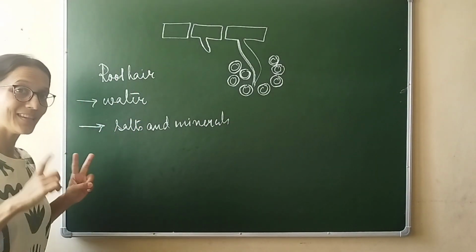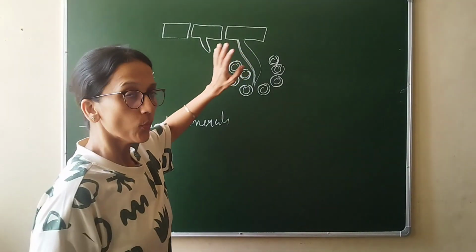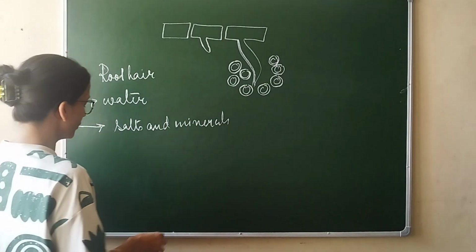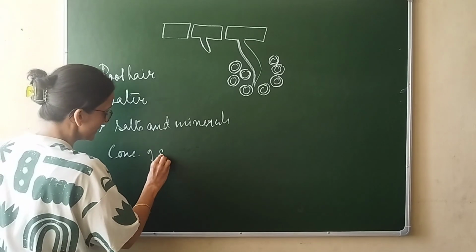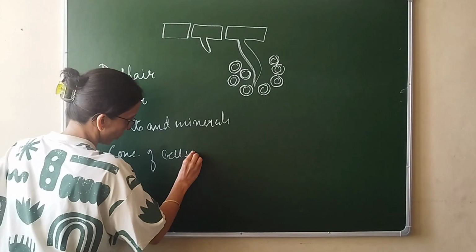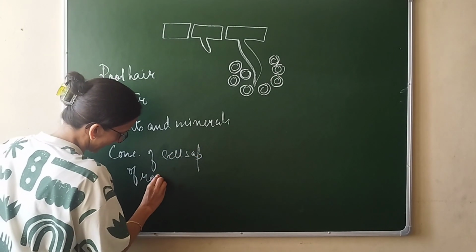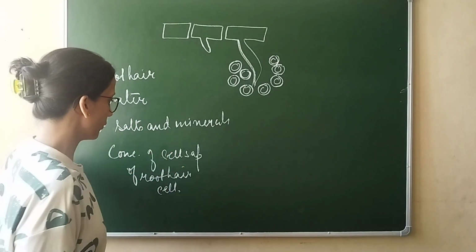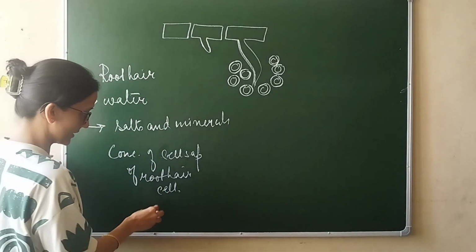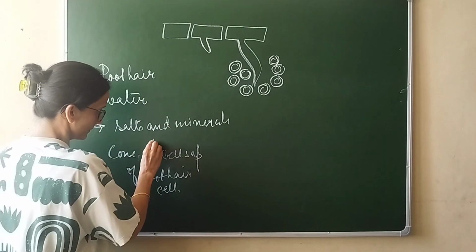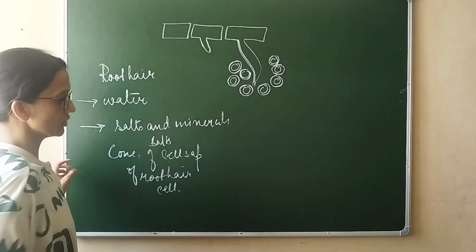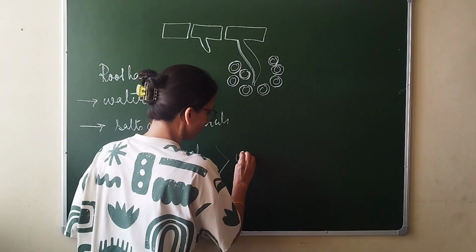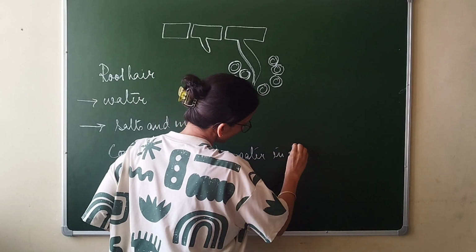Now there are two separate mechanisms that this cell will apply to absorb these things. For absorption of water, like I have already told you, the concentration of salts in the cell sap of the root hair cell is always more compared to the water in the soil.